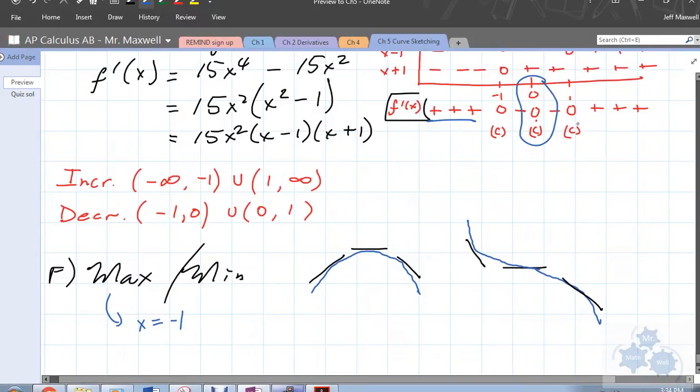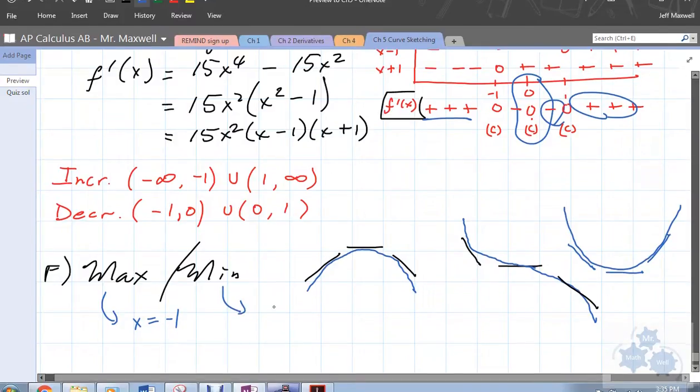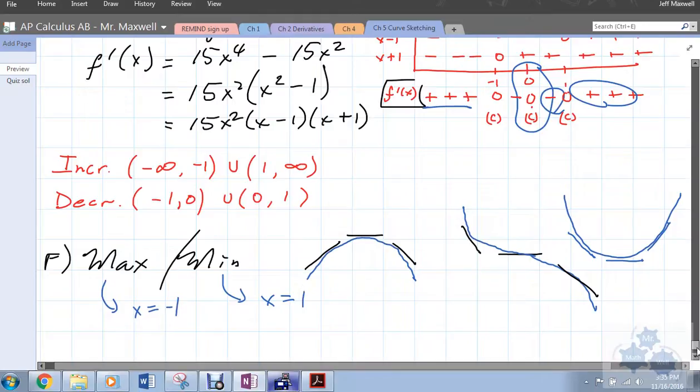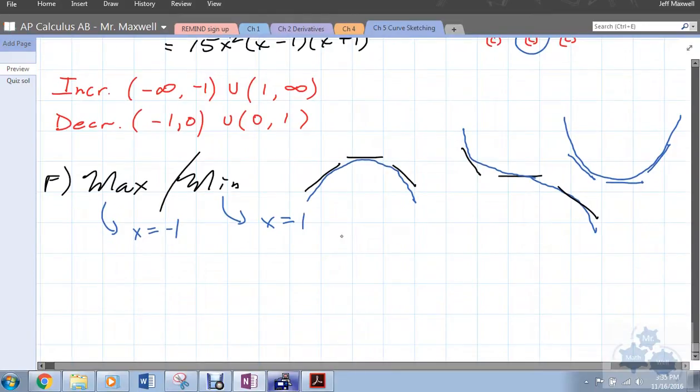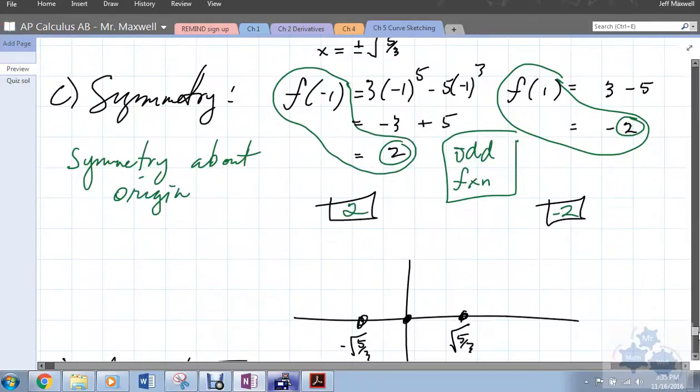But over here we do have a negative through 0 to positive. So the sign changes, and of course that yields a local minimum. So we have a minimum at x equals positive 1. You do need to write these as points, so what you need to do is throw negative 1 and positive 1 into your original equation, which actually we did for symmetry, didn't we?